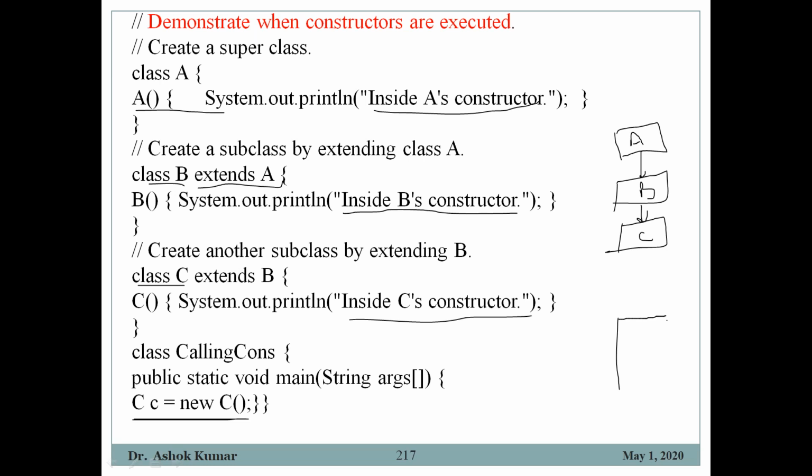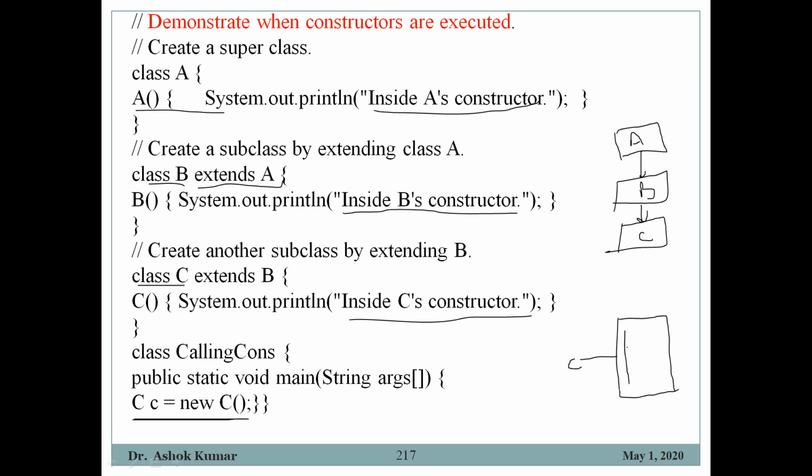So when the object is created, the constructor gets called automatically. So the problem over here is in what order these constructors will be called. This is the main case I'm going to discuss with you. So this is the scenario. This is the reference to the C class object.